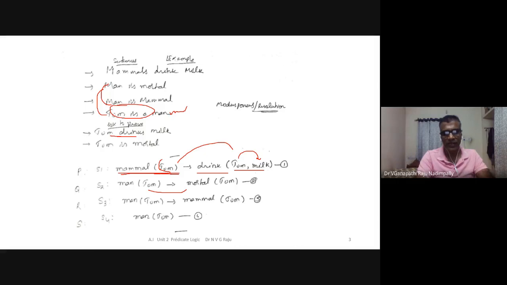Instead of taking Tom is a man, you should take Tom is a mortal, otherwise we cannot get this inference. Tom is a mortal, and we already said that man is a mortal, so can I call Tom a mortal?